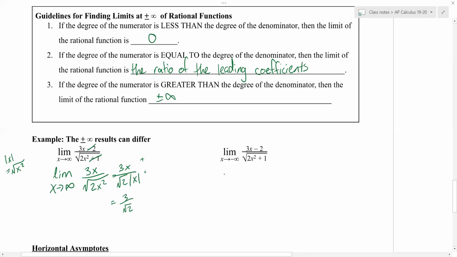If we're plugging in negative infinity, though, we'll still get the limit of 3x over the square root of 2 times the absolute value of x. But now when we plug in a negative in the numerator, we're going to get negative 3, and a positive in the denominator, so we'll get negative 3 over the square root of 2. So be careful with your signs.